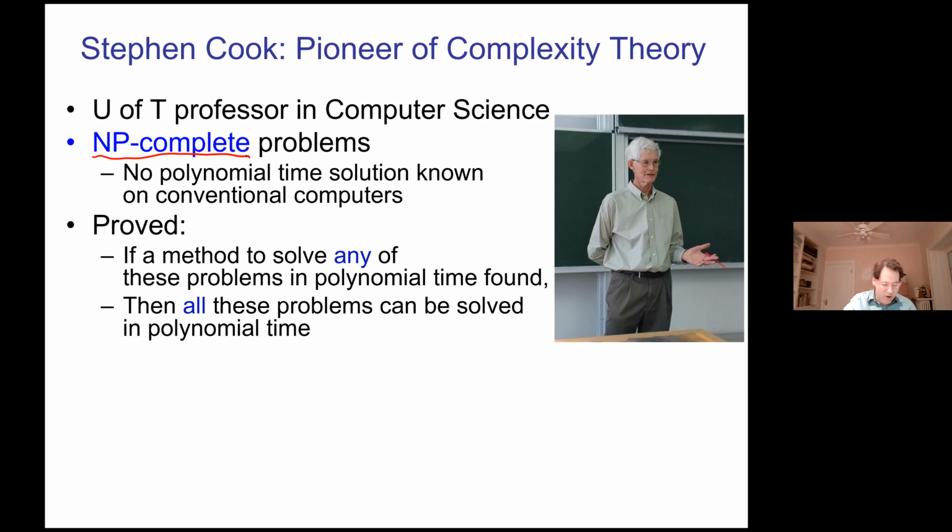So all these complicated problems have something in common, even though they seem very different. If we can ever find an algorithm to solve one of them optimally, we can solve them all optimally in a reasonable time.